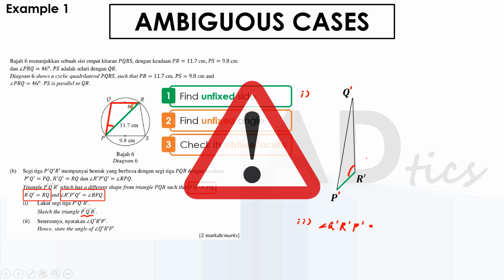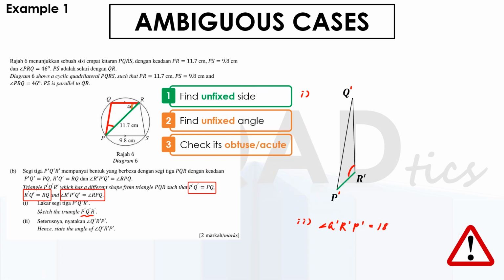The shortcut is actually 180 minus the unfixed angle, which is 46. So this is the shortcut. But why is it so? The reason is because if you go back to the original triangle here, this part is 46 degrees. And when we move the R to here, this line and this line is the same.